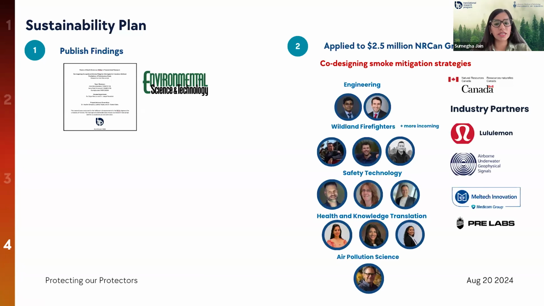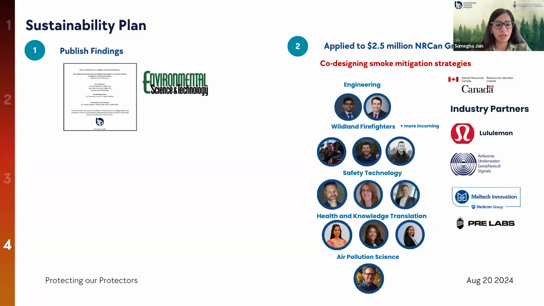Secondly, one of our most exciting developments is our application for a 2.5 million NRCAN grant, also called the Natural Resources Canada grant, under the leadership of Dr. Kevin Golovin. We will focus on co-designing smoke mitigation strategies. This grant represents a significant opportunity to sustain and build off the work we initiated through our study.